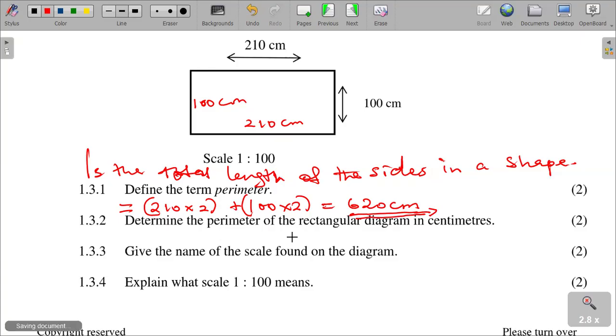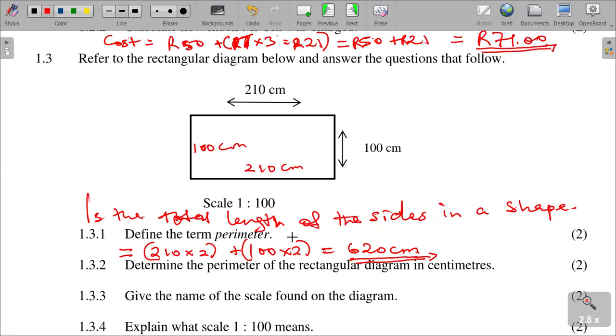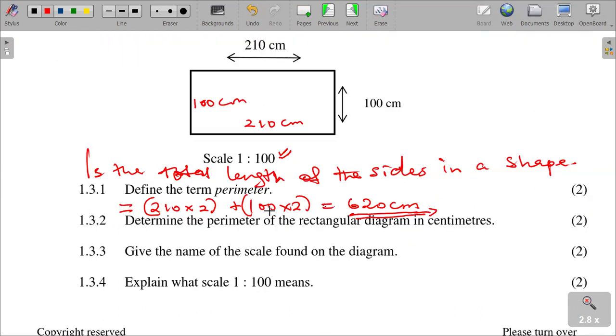Give the name of the scale that is found on the diagram. Actually, you can see that the scale which is given is this one. It's a numerical scale. 1 centimeter on the scale is equal to 100 centimeters on the map.